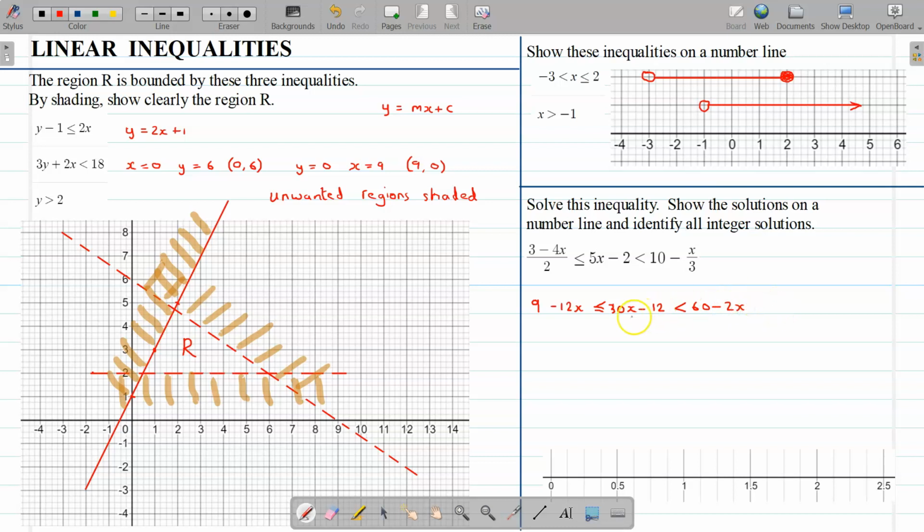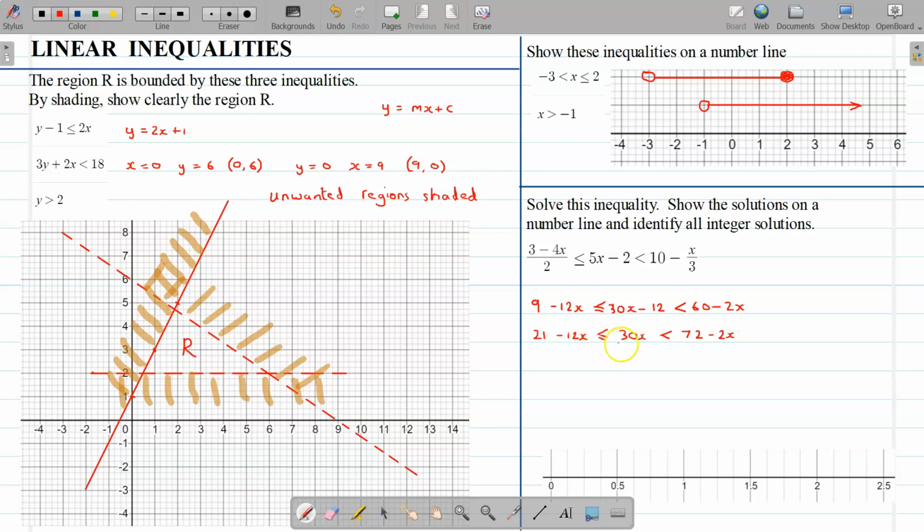Okay, now I'm going to take the 12 here and add it to every part, okay, to clear that minus 12. So if I add 12 to 9, I'm going to get 21, okay, minus 12x is less than or including 30x, which is less than, and I've just got to add my 12 to here as well to give me 72 minus 2x.